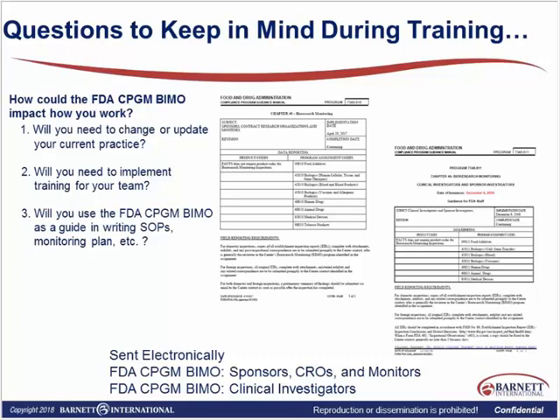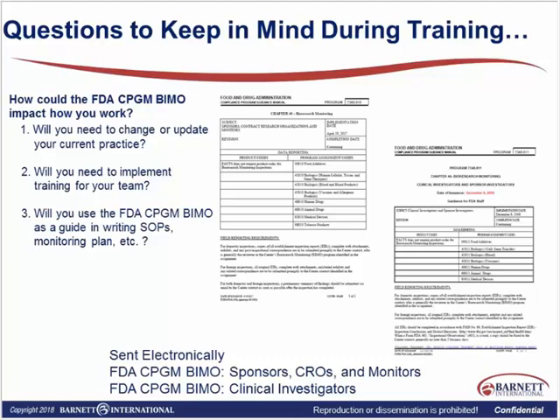Well, what we know is that these are documents that the FDA compliance program has put together, these guidance manuals. And what they will do is help drive how the FDA investigator is going to go out in the field and perform the inspection, whether they are going to the sponsor, CRO, or monitor.